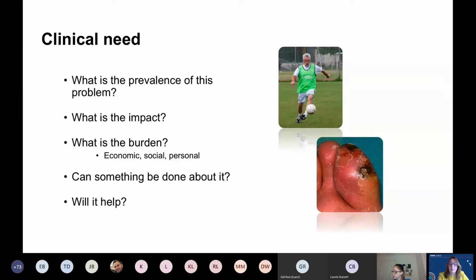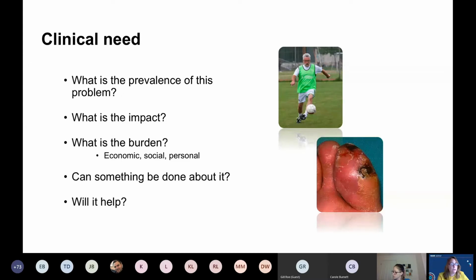It's about being able to sell the idea that each of these conditions is important in its own way. It's not just about identifying something as a problem, but whether or not something can be done about it, and importantly, will it help?